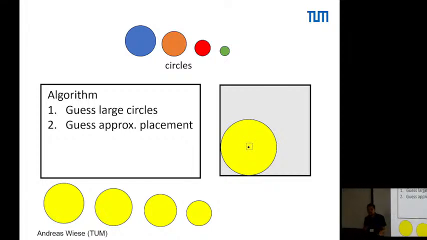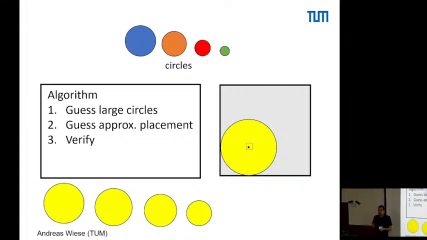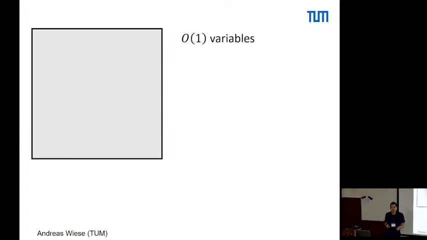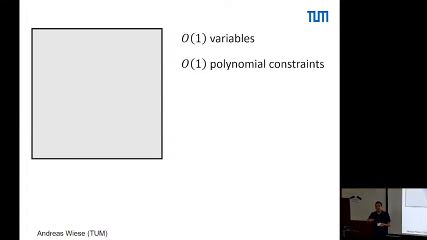After guessing this, we need to verify that this is actually valid, whether it's actually possible to put these circles into these boxes such that the circles don't overlap. So we need to verify this, and we do this with a system of a constant number of variables and a constant number of polynomial constraints. How do we do this?